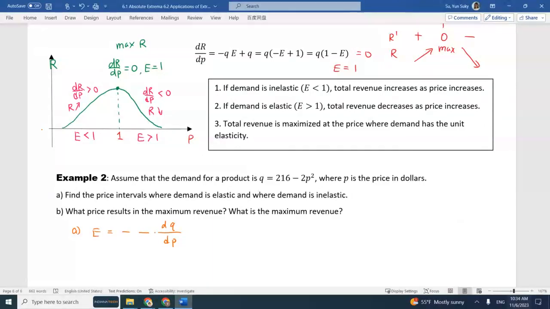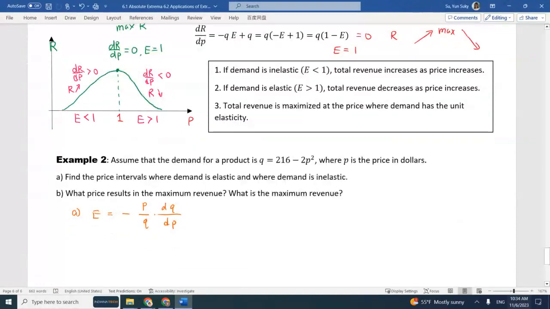So this is how I remember this formula. Okay, so what is dQ/dP? Well, the derivative of 216 minus 2P squared. What's the derivative?